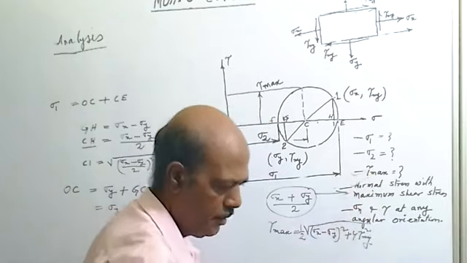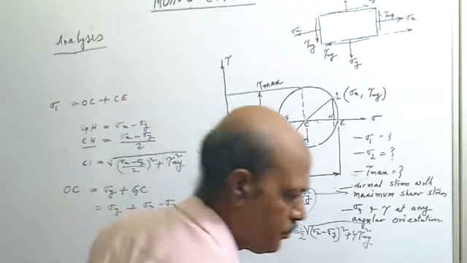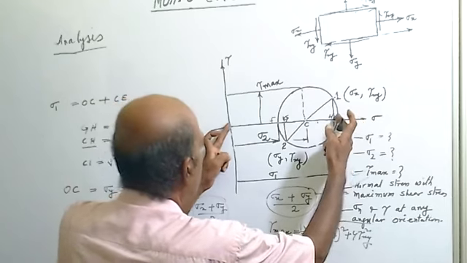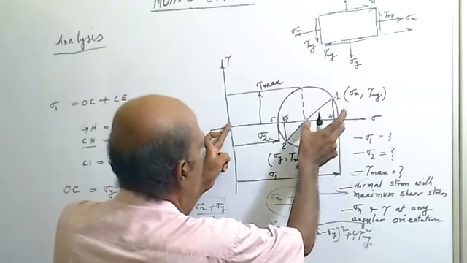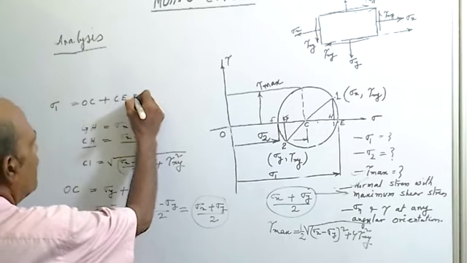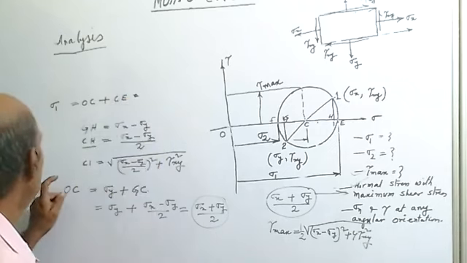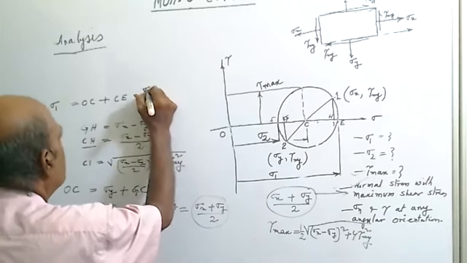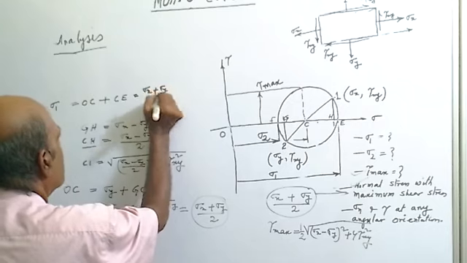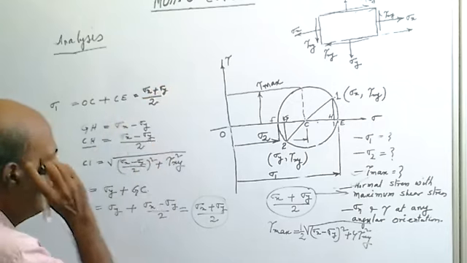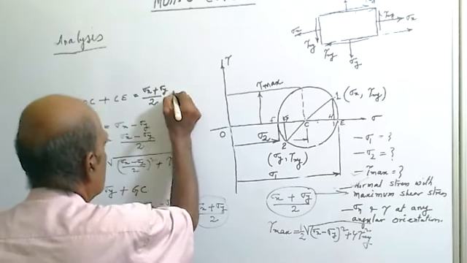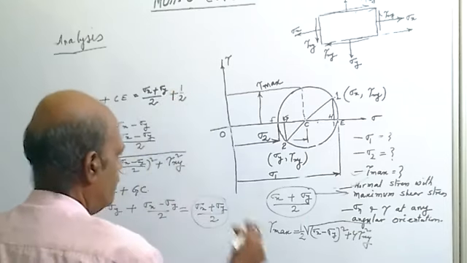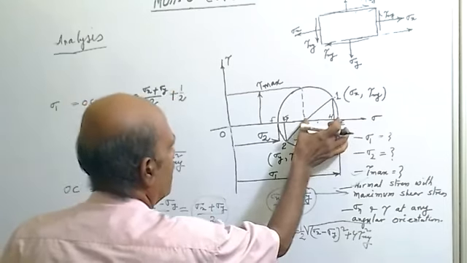Now we will see the sigma 1 and sigma 2 values. Sigma 1 is equal to OC plus CE. What is the OC value? We have calculated that, sigma x plus sigma y by 2, plus the radius of the Mohr circle.